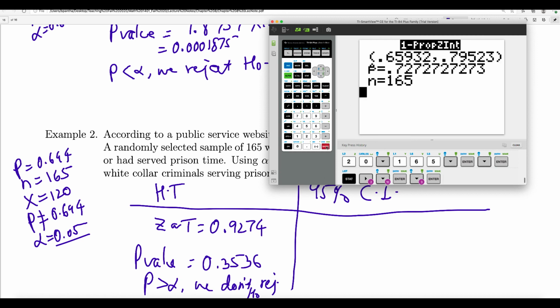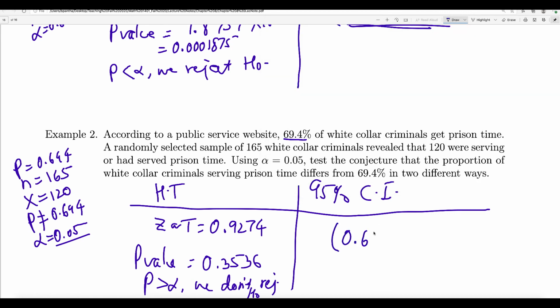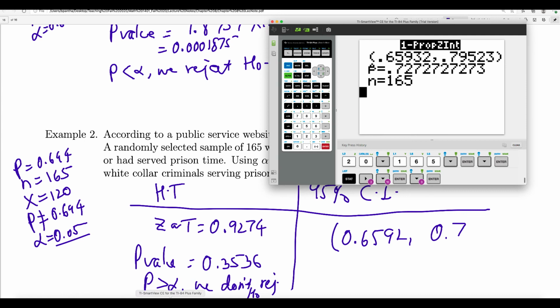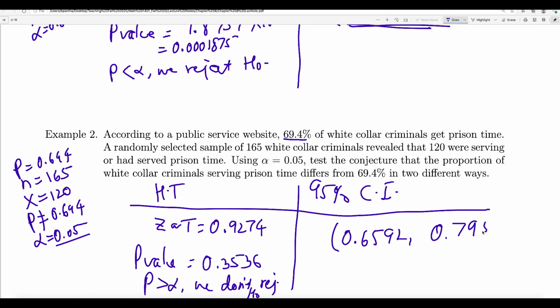So you got 0.6592 and then 0.7952. See? Does the value 0.694 fall here? The answer is yes, because 0.694 is bigger than 0.6592 and smaller than 0.7952.